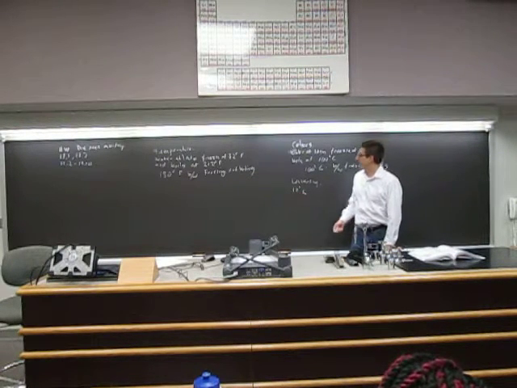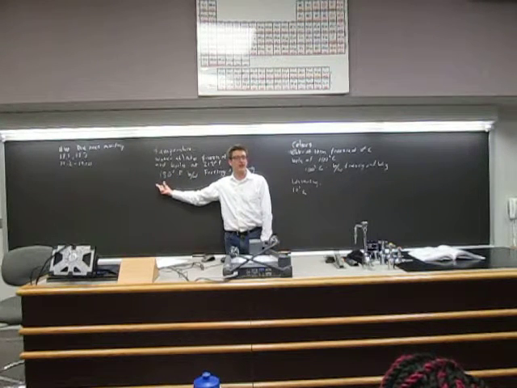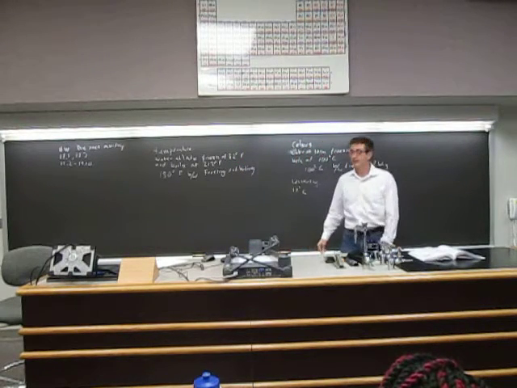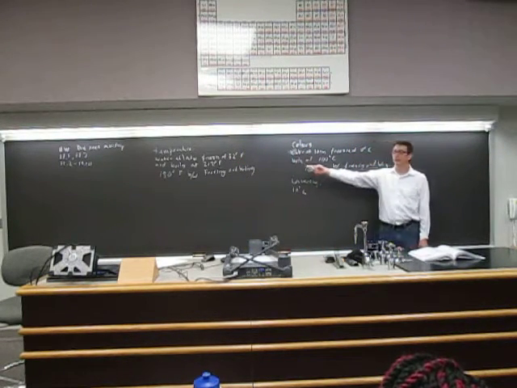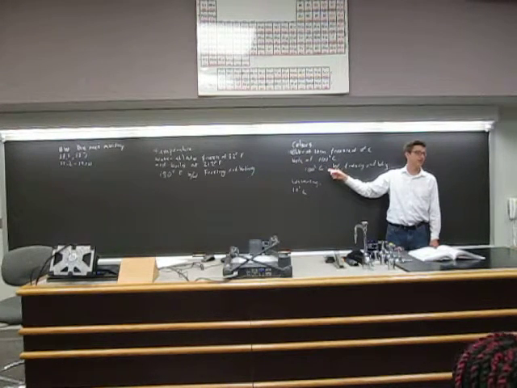And for every degree Celsius, it's 1.8 degrees Fahrenheit. You see that? Because it's 180 degrees Fahrenheit between freezing and boiling, and in Celsius it's 100 degrees.